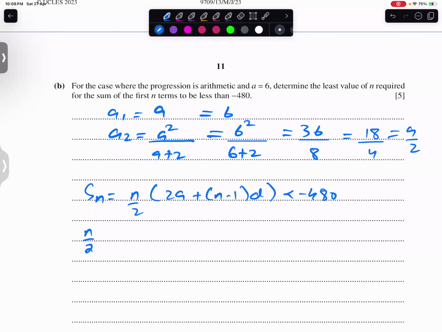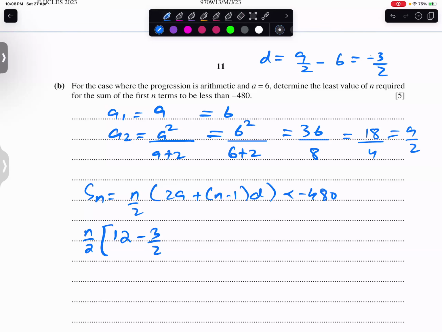So n/2 times 2a, which is 12, plus d. Now common difference is 9/2 minus 6, and that will be 9 minus 12 over 2, which is minus 3/2. So common difference is minus 3/2.